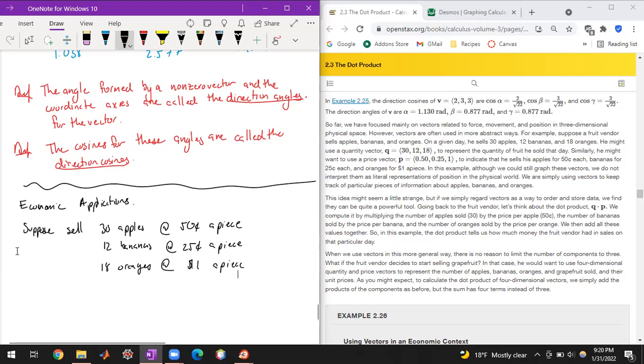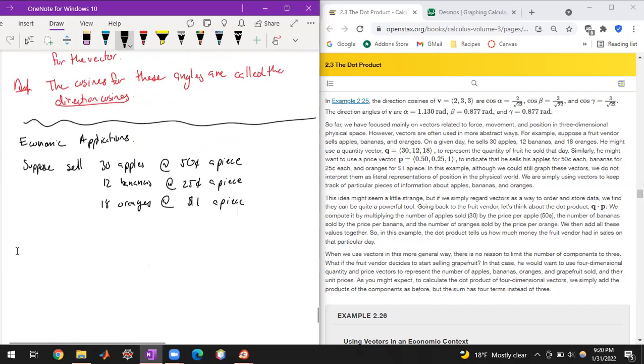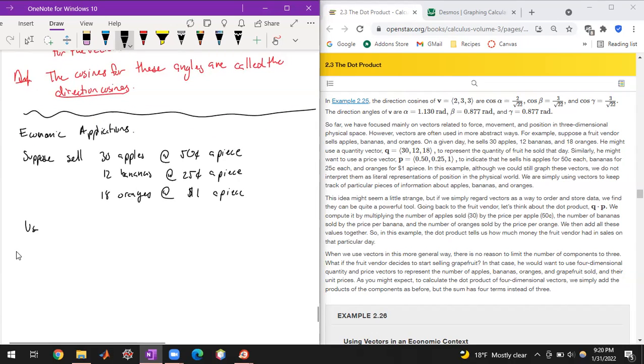So what we can do is create a quantity vector, which takes care of our quantities, and a price vector, which takes care of our prices.